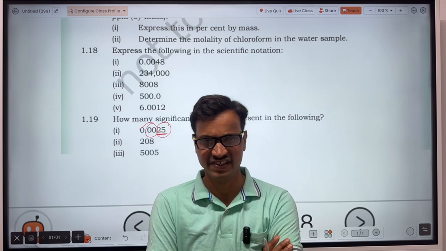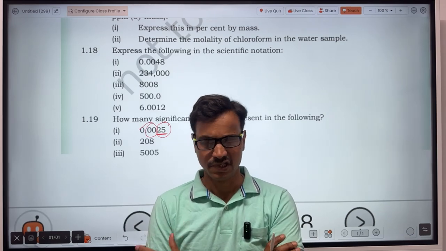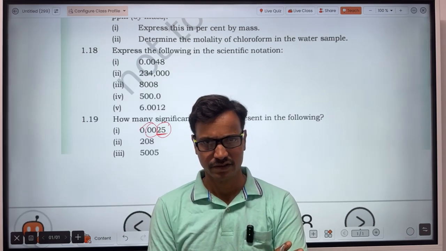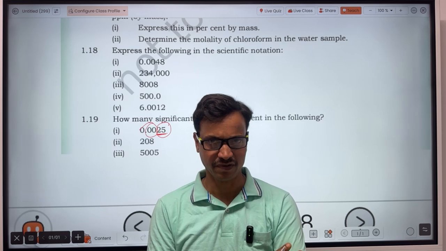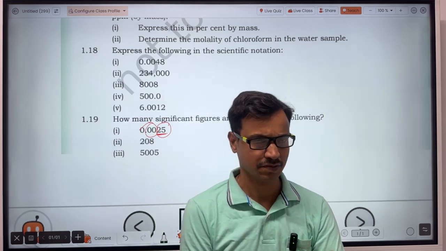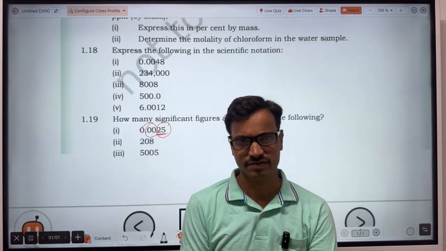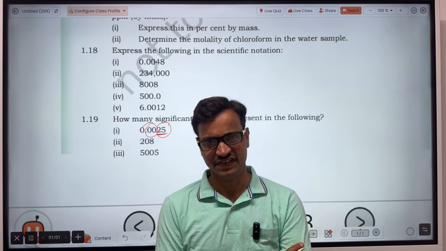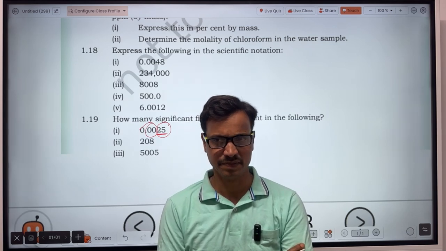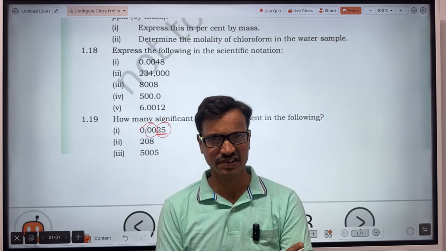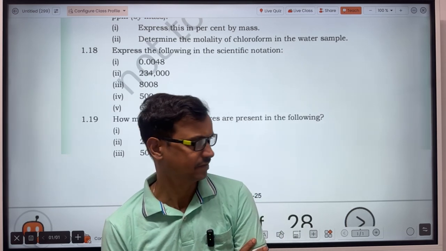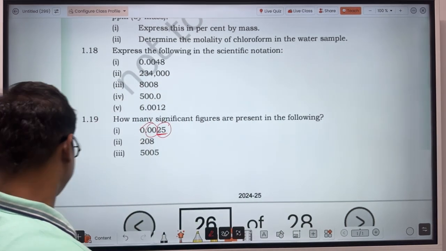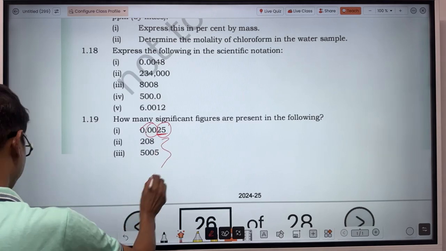That means the reported value in which the last digit will have the inaccuracy of plus minus 1. So significant figure is the number of digits in the reported value in which the last digit will represent the uncertainty by plus minus 1. In the same way here, calculate.